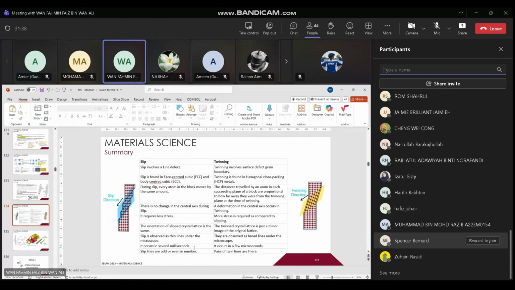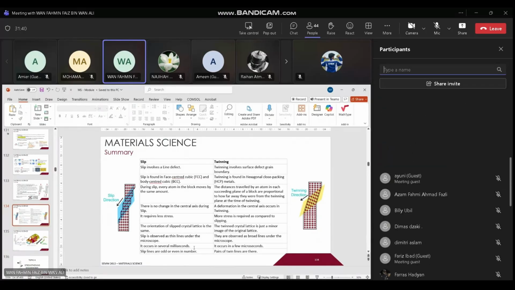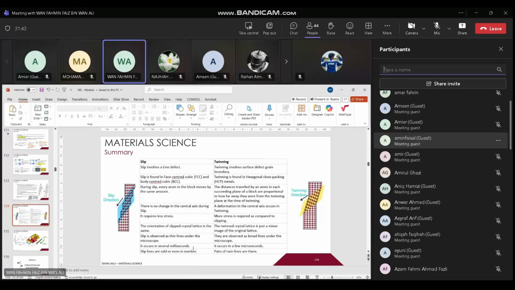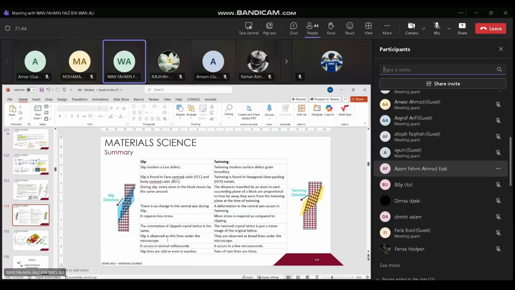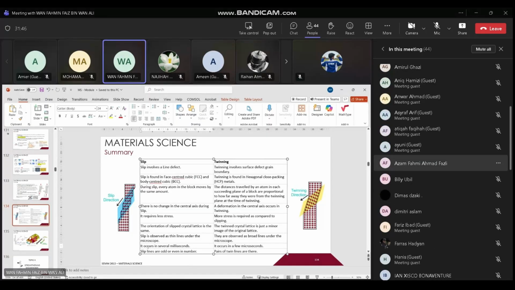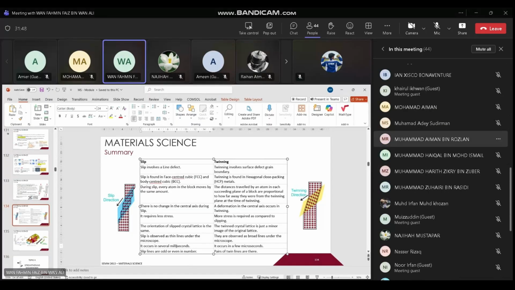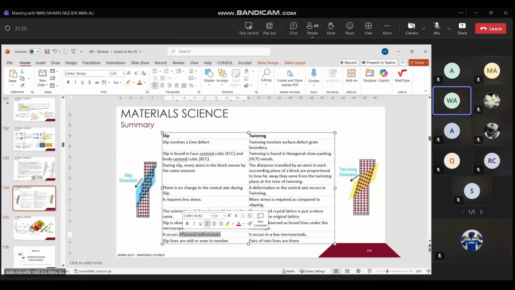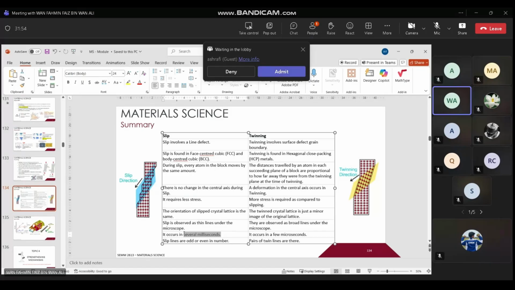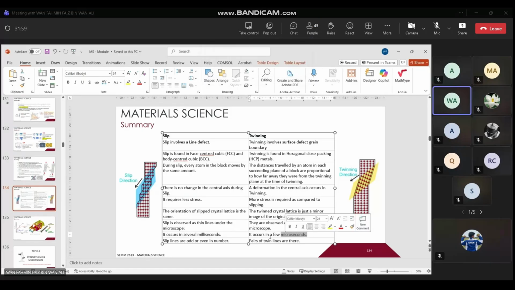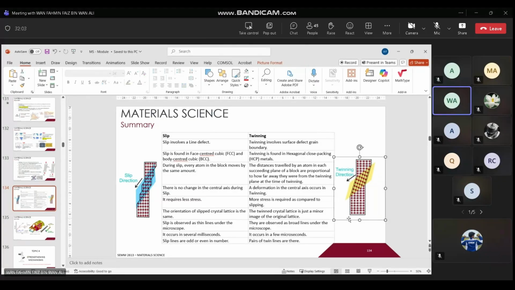Slip normally occurs over several milliseconds, so it is a slow process, but twinning occurs in a few microseconds. It's a very rapid and fast process. So these are among the comparisons between slip and twinning.